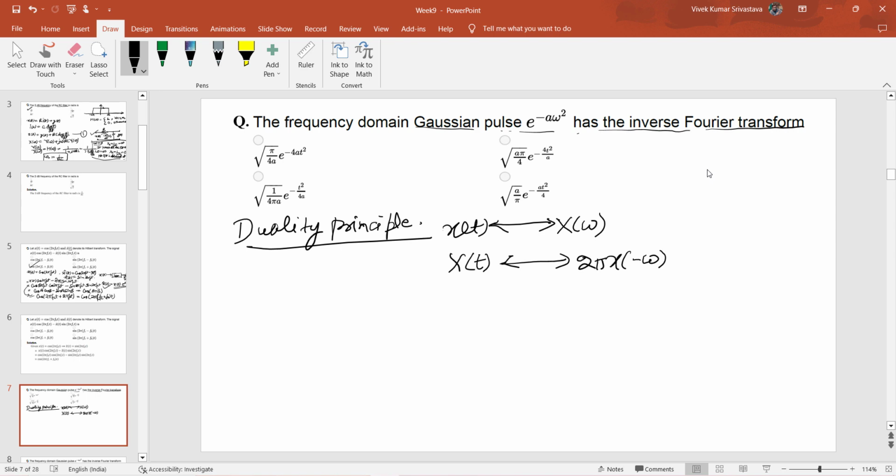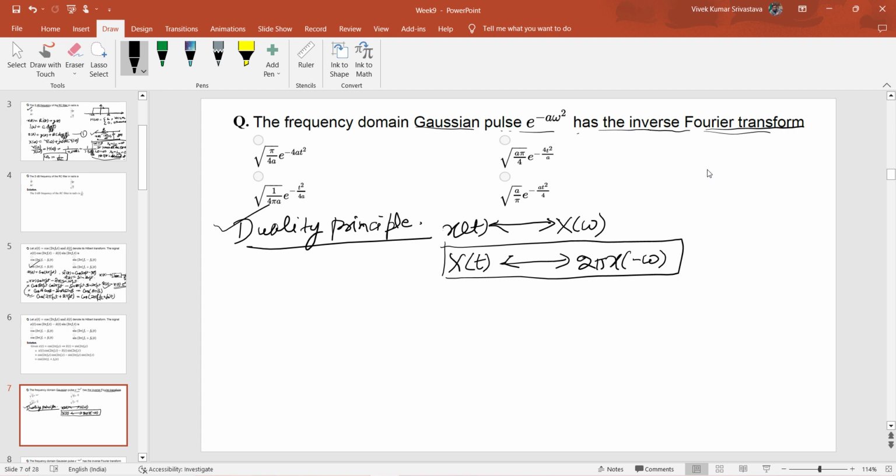This duality principle we have seen in our previous lectures, and we also applied it to some previous problems. So for this problem, to determine the inverse Fourier transform, we will use the same duality principle.